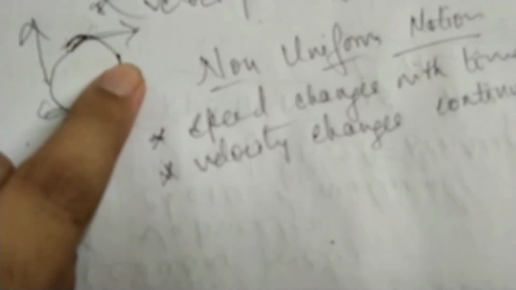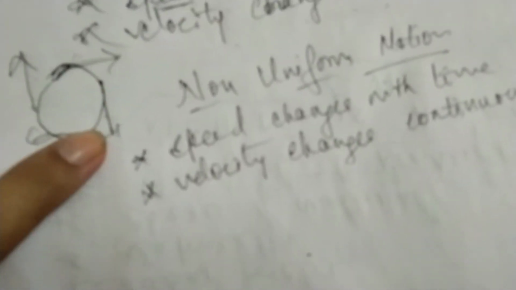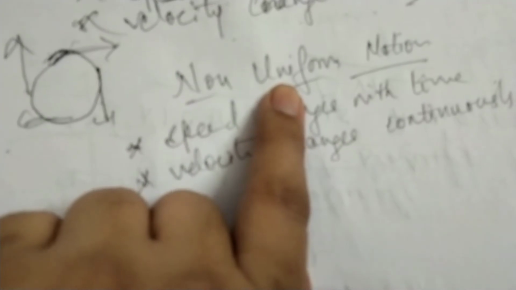So here we have two factors: here the speed is 3 km per hour, here the speed can be 5 km per hour. At every point the speed keeps on changing, the magnitude keeps on changing, and the direction changes as well. So that is the significance of non-uniform motion.